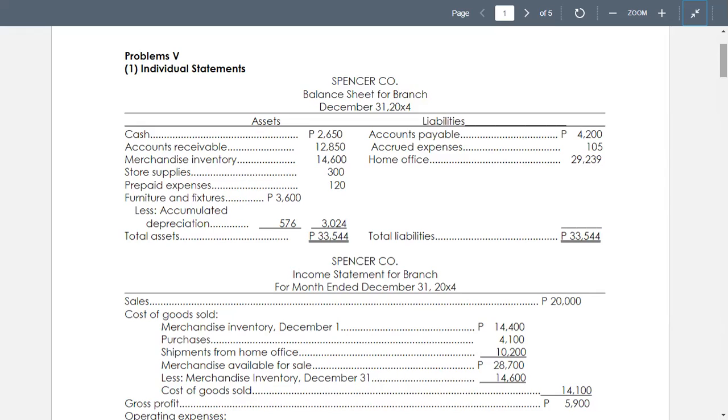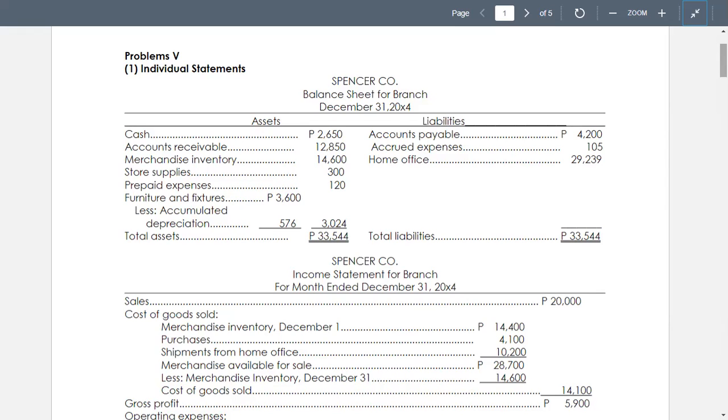Now take note that your home office account is found in the books of the branch, and that is corresponding to the balance of your branch current account. So the balance of the branch current account is also equal to 29,239.